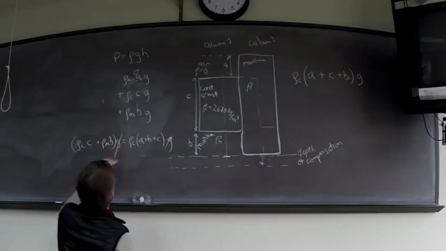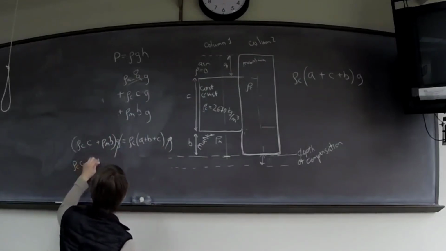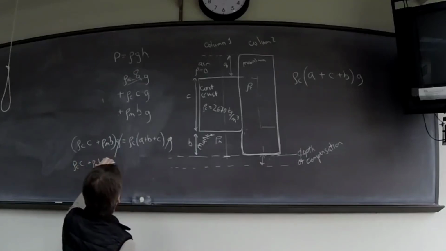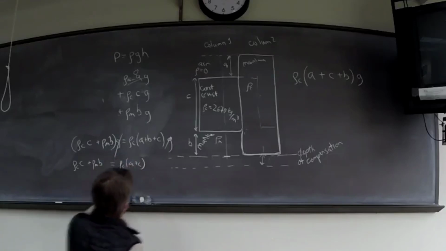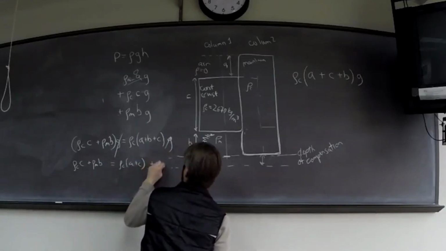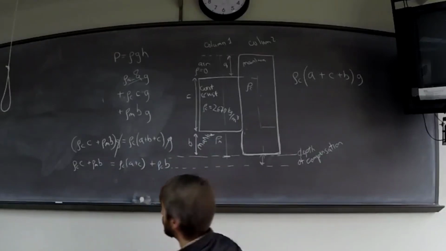So what we can do here is rho C C plus rho M B equals rho C times A plus C plus rho C B. I just separated out the B because that's what we're solving for.